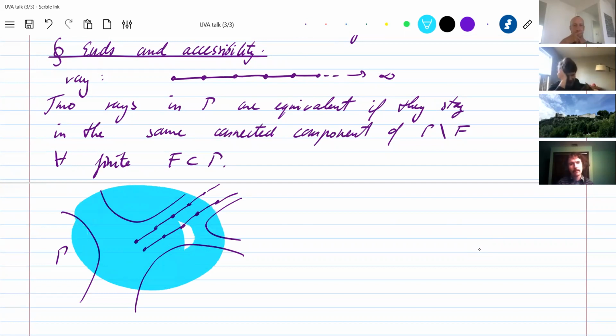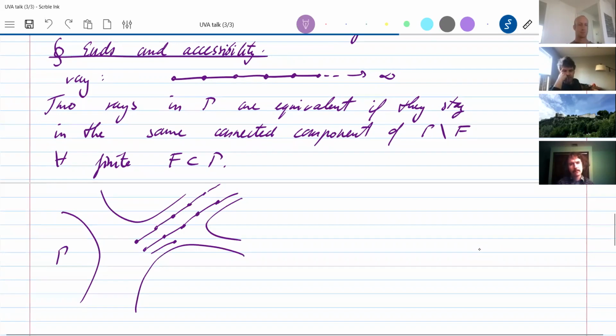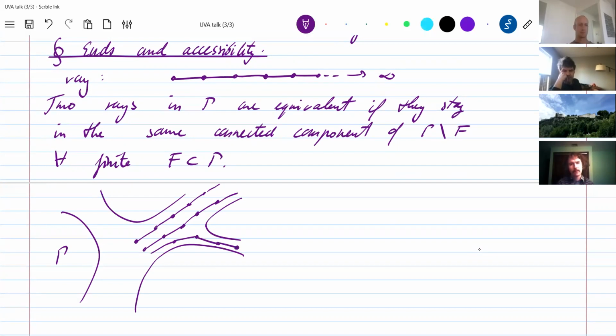Maybe I remove a bigger piece of my graph, they're still in the same connected component, they're tending off to infinity along the same part of my graph, if you like. So these two rays would be equivalent. However, if I had a different ray that went off here all of a sudden, then I could disconnect that one from the other two just by removing this finite set. So those are no longer equivalent.